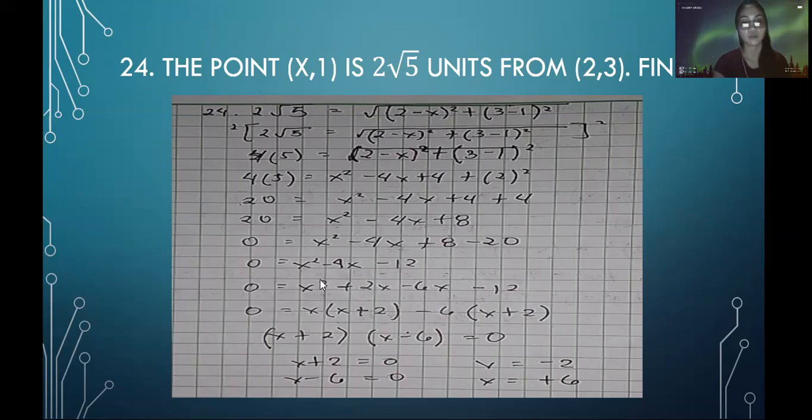So 0 is equal to x times the quantity x plus 2, then minus 6 times x plus 2. So x plus 2 times x minus 6 is equal to 0. So x plus 2 is equal to 0, x minus 6 is equal to 0. So the value of x is at negative 2 and positive 6.